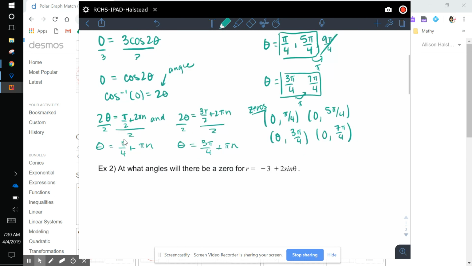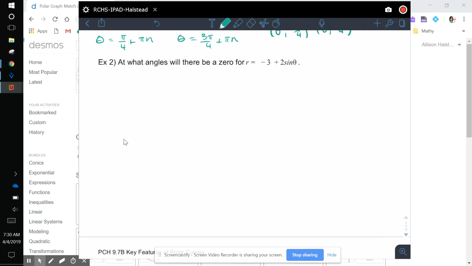Next, at what angles will there be zeros for this new equation? So again, we're going to set r equal to 0. So I get 0 is equal to negative 3 plus 2 sine theta. Add 3, divide by 2. I have 1.5 is equal to sine theta.